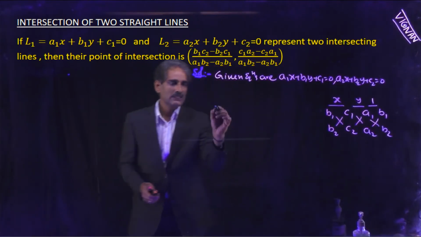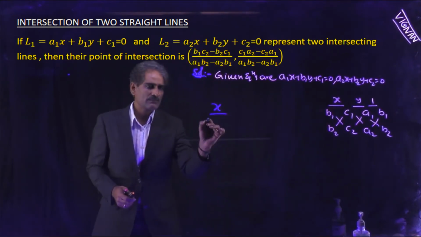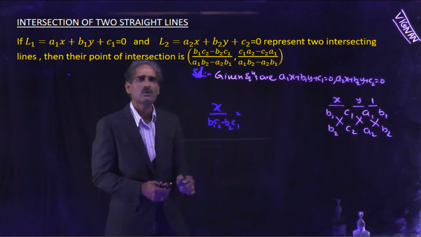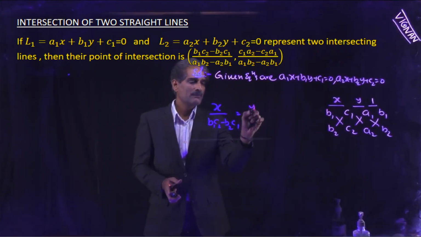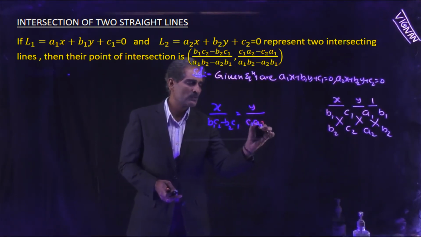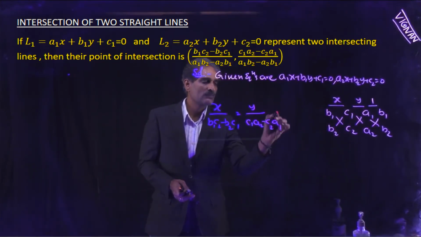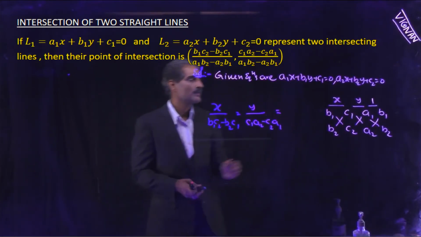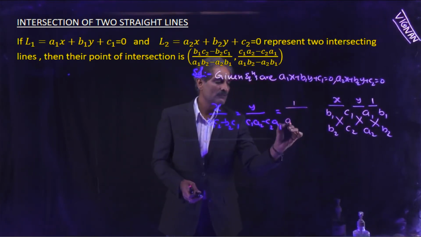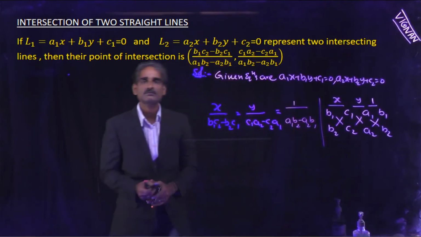So x by B1C2 minus B2C1 is equal to y by C1A2 minus C2A1, is equal to 1 by A1B2 minus A2B1.